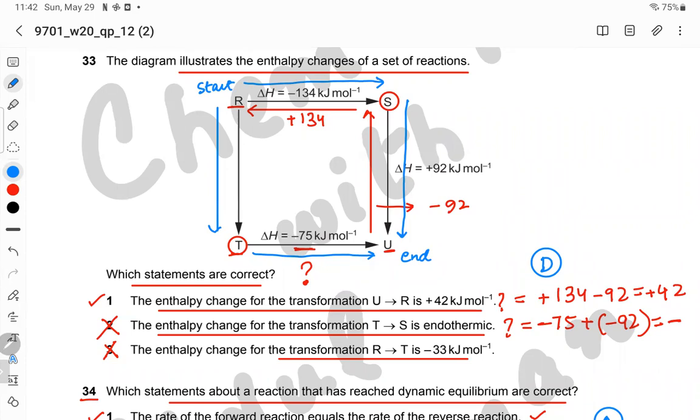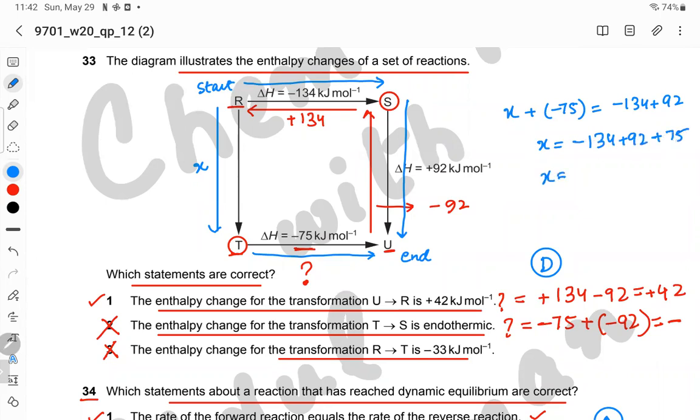So did everyone able to identify the starting part of the Hess cycle and the end part of the Hess cycle? So if I mark this one as an X, I can make an expression that X plus minus 75 is equal to minus 134 plus 92. So if I find the value of X, it will be minus 134 plus 92 and plus 75.